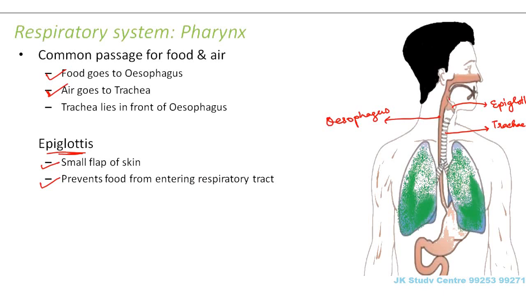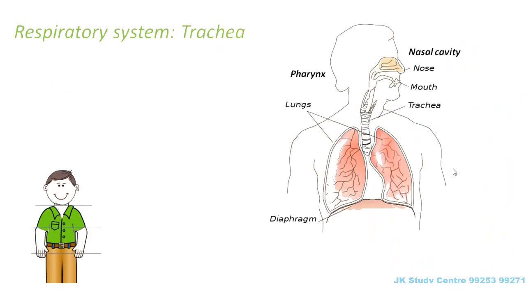So here from this diagram you can clearly see the location of the digestive system and the respiratory system. So this esophagus is going to the stomach, and the stomach will then go to the intestine. And here this trachea is going and connecting to the lungs. Clear? Okay. So now let us talk about the trachea, that is the wind pipe.